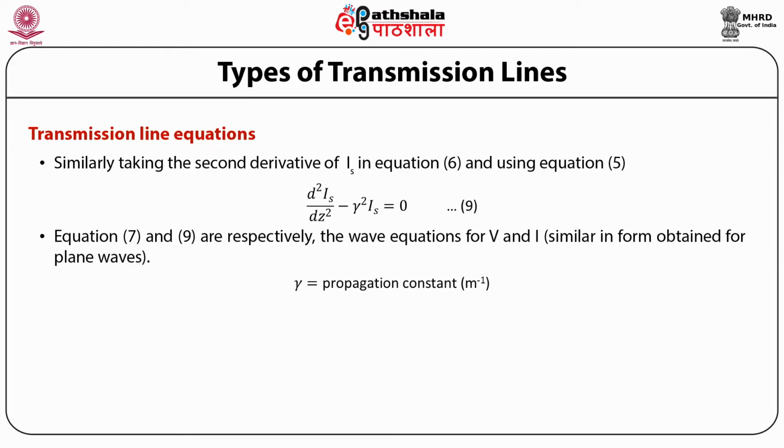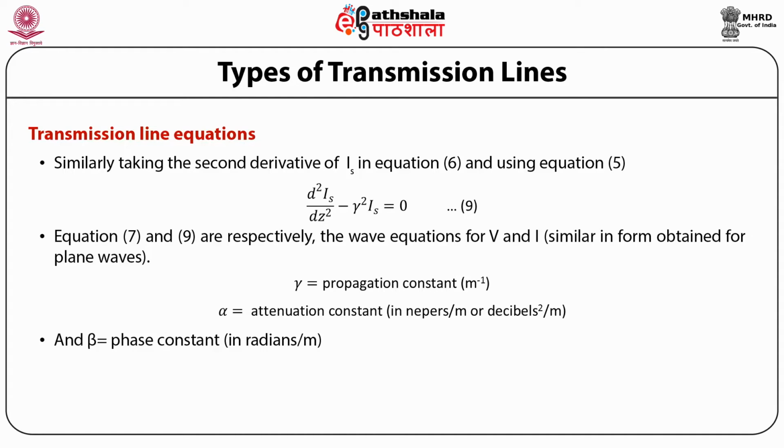Here γ is the propagation constant in meter inverse, α is the attenuation constant in Nepers per meter or decibels per meter, and β is the phase constant in radians per meter. So the wavelength is given by λ equals 2π/β and the wave velocity u is ω/β equal to fλ.